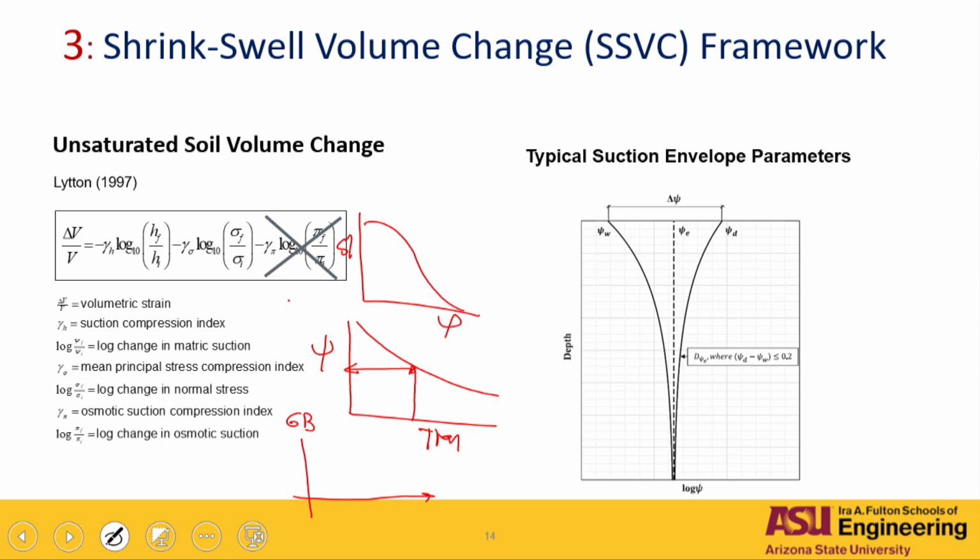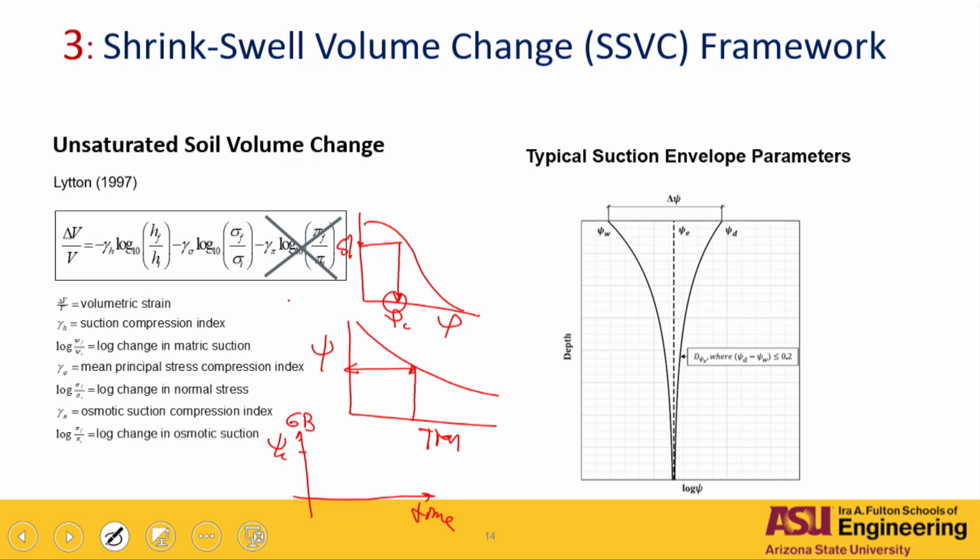So you're here, and basically you compacted at that particular suction, the compaction condition, all right?